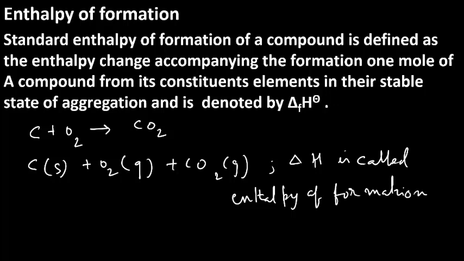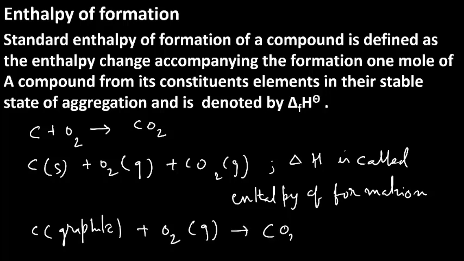For example, C graphite, the allotropic form of carbon, combines with oxygen. Graphite is solid and oxygen is in a gaseous state.